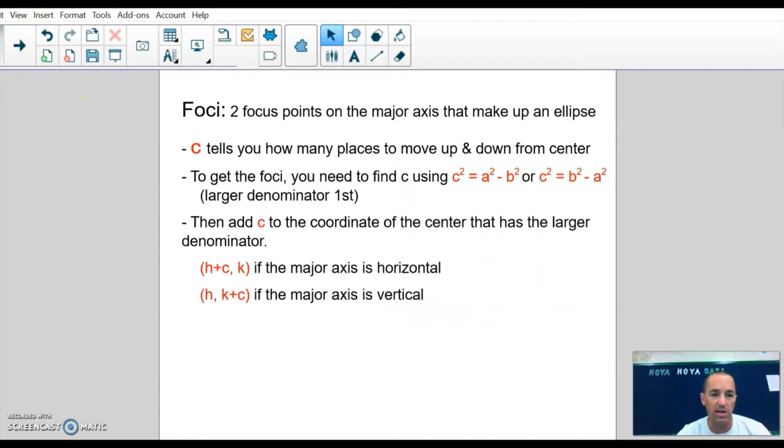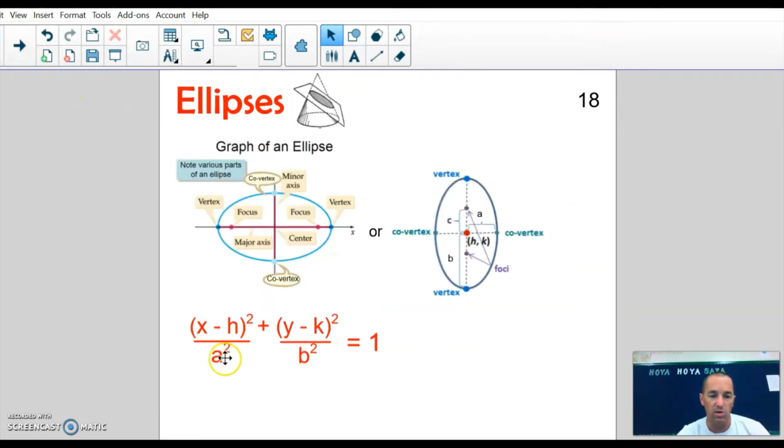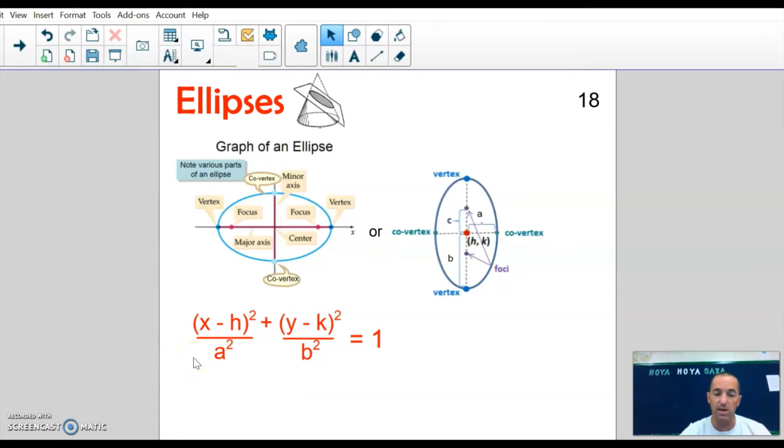So as you were writing down your notes earlier, you'll see that there's an a squared and a b squared, and they will flip-flop. So it is possible that a squared could be on this side, b squared is on this side, but what you'll find is that a squared is always going to be your bigger variable. It doesn't mean that it'll always be under the first fraction, okay?